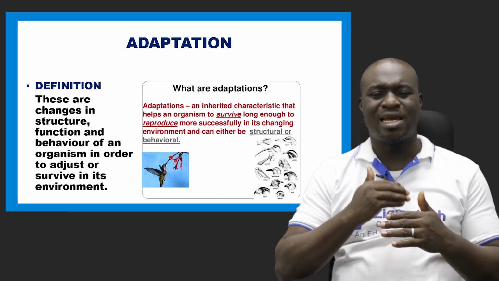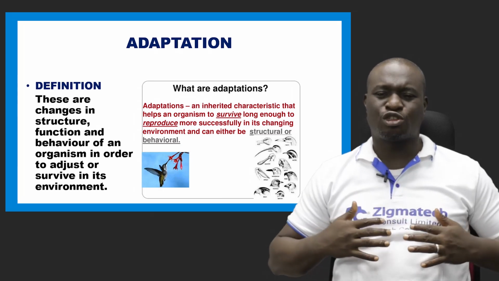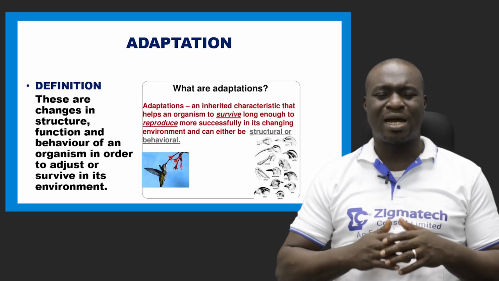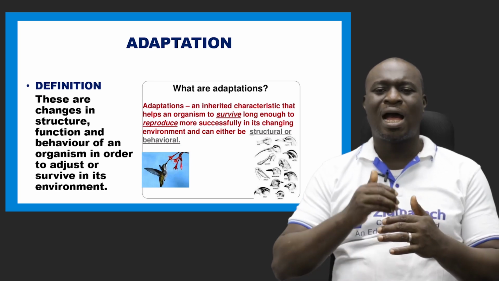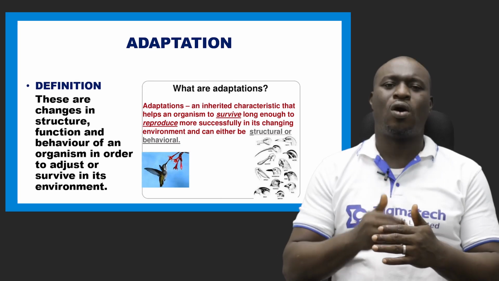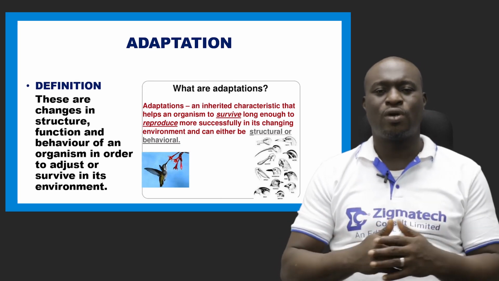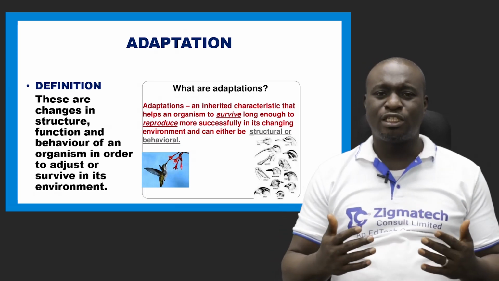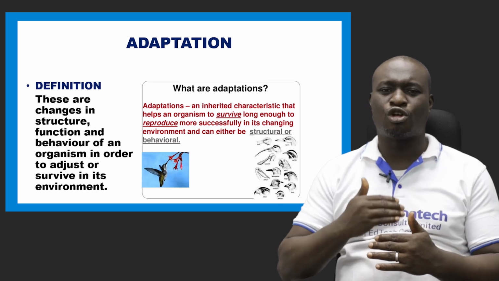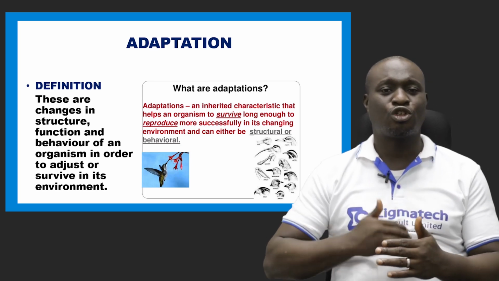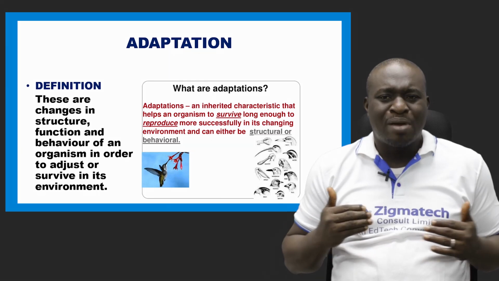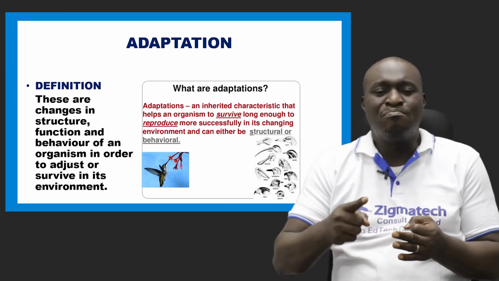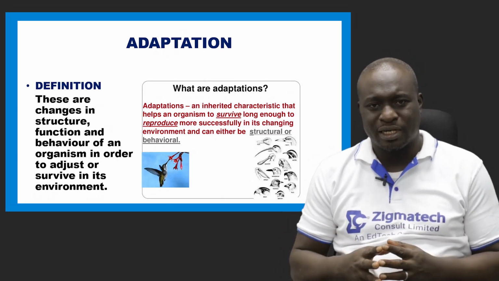I repeat, it has to do with changes in the structure, function, and behavior of an organism, and the main purpose is to survive or adjust to its own environment. Or you can say that adaptation is the ability of living organisms to adjust to their environment based on certain structures, functions, and behaviors of that particular organism.